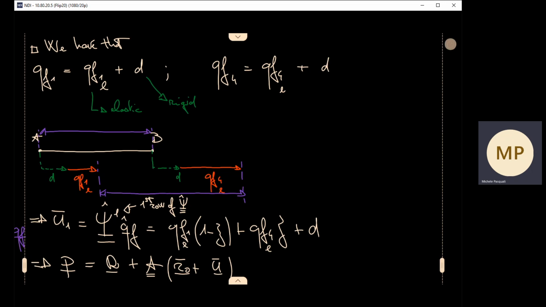So you have a rigid contribution from U over hat and a rigid contribution from R. And you don't want this. You want this to express only the actual deformation. You don't want any rigid component to be here.